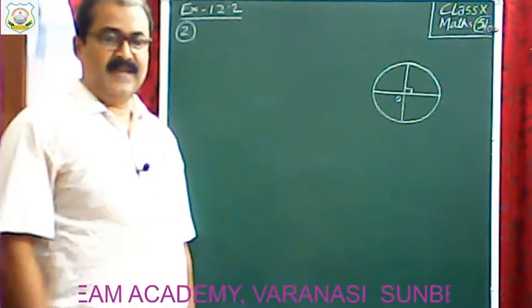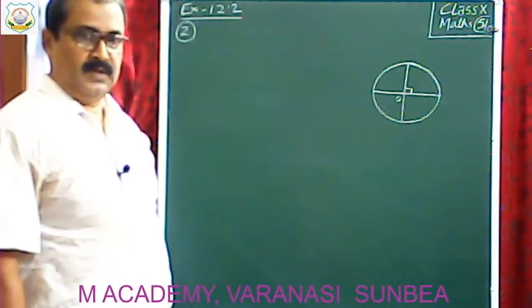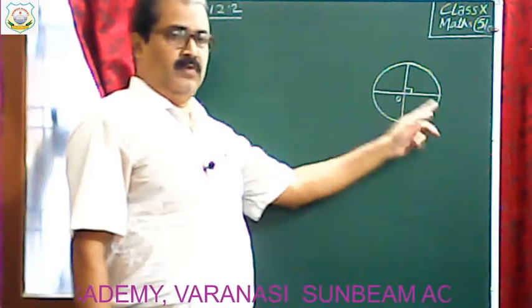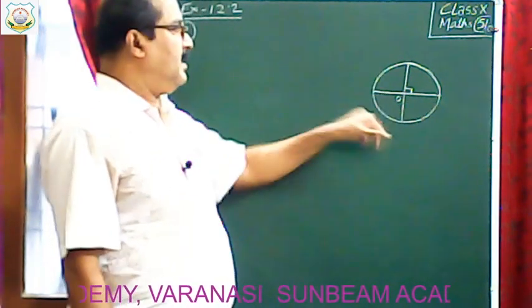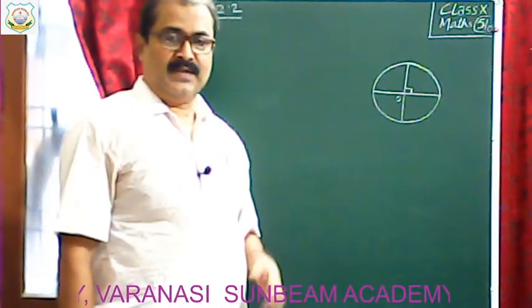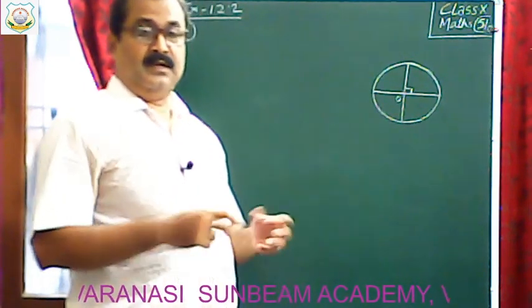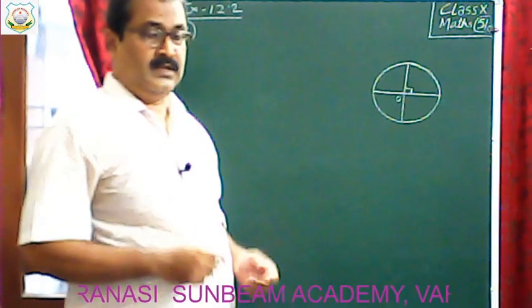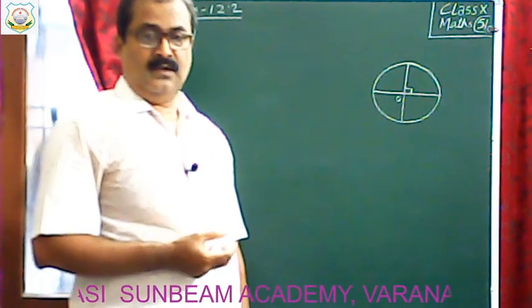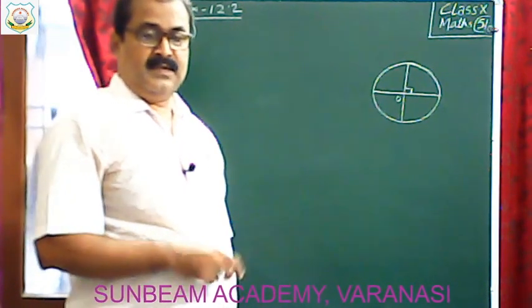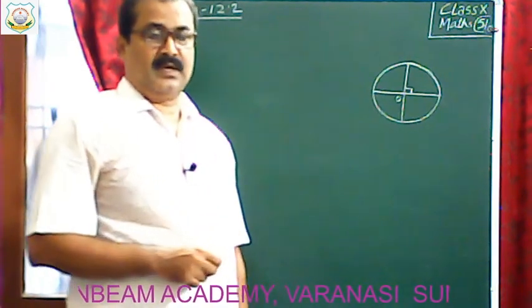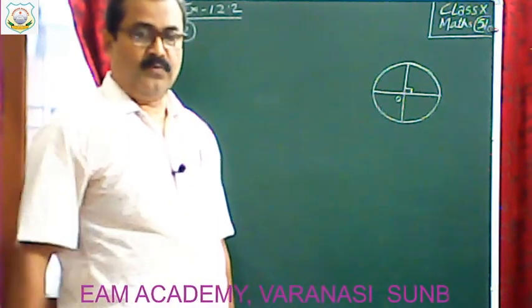Each region is known as a quadrant. Then the area of each region, known as the area of a quadrant, is equal to 1/4 the area of the circle, that is pi r square by 4.